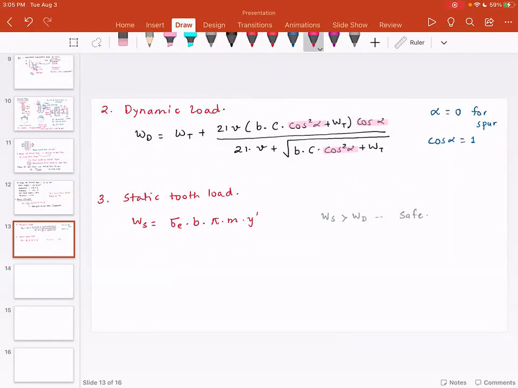The next part is wear load. For wear load, we have to use the similar equation, and in that case, the equation is WW is equal to dP B Q K divided by cosine square alpha.